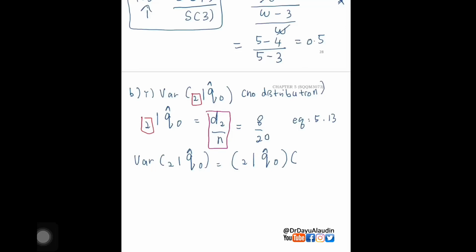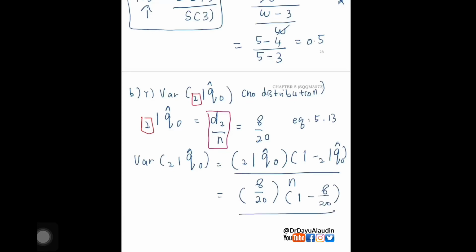The formula is given, same over n, so we get 8 over 20, 1 minus 8 over 20, over 20, and you will get 0.012.